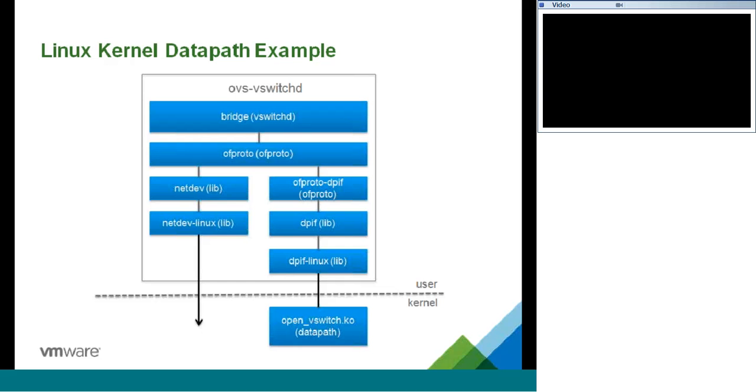And that's actually how we ended up doing the DPDK port as well. For the DPDK port, there's a NetDev DPDK, and then down here we use the DPIF NetDev user space to do DPDK forwarding. And then we improved the performance of the DPIF NetDev implementation so that it'd be sufficiently fast for forwarding packets.